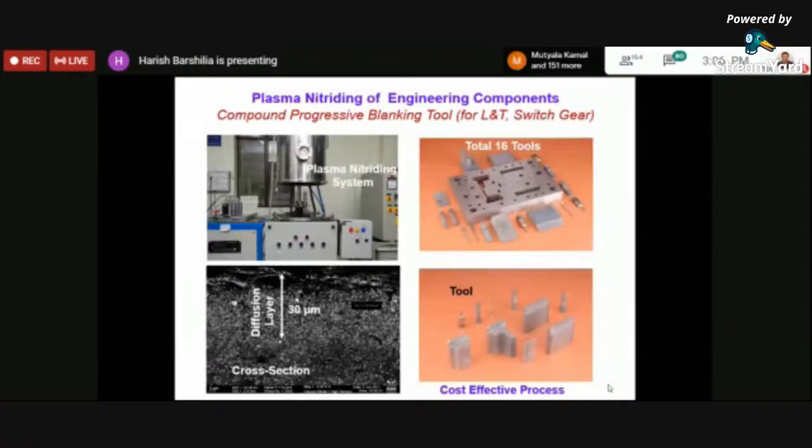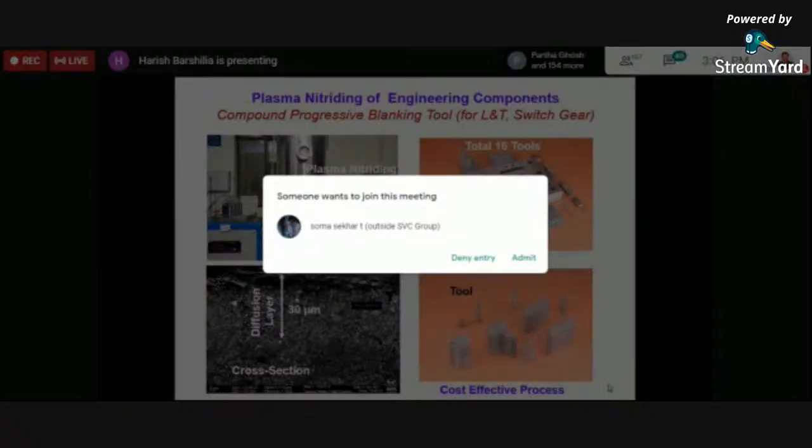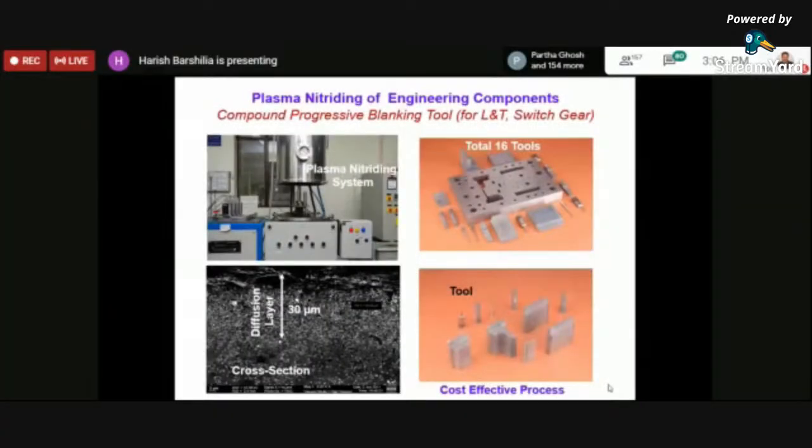If you want to improve the mechanical properties in a cost-effective way, you keep it in a vacuum chamber, create a vacuum of 10^-3 millibar, and allow some nitrogen and hydrogen gas to flow in, and you create a plasma. Plasma, as I mentioned, is nothing but the fourth state of matter, wherein you have nitrogen ions and hydrogen ions. This nitrogen, in the form of atoms, will be diffused into the core of your material.